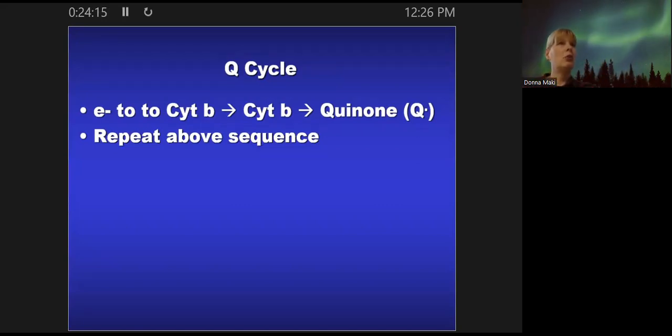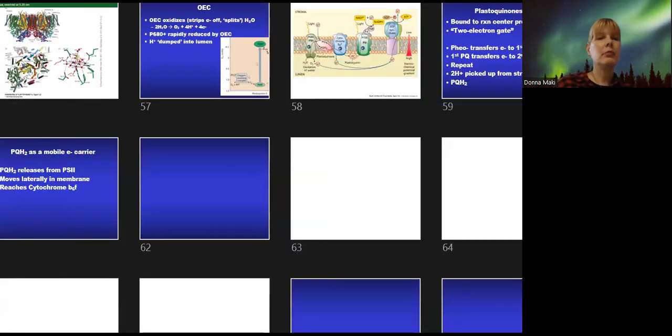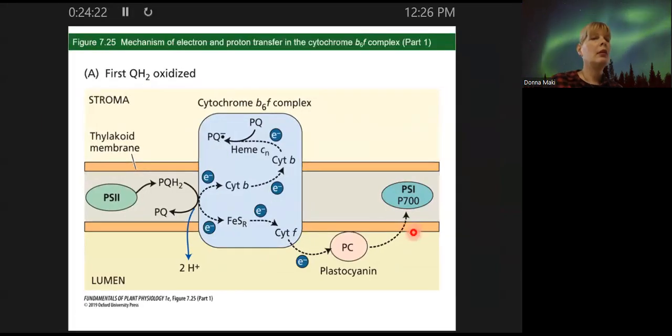All right, so what we have to have happening is another PQH2 moving along and bumping into the same cytochrome B6F. And in order to get another PQH2 to come along, we have to have everything back in photosystem 2 happening again. So you have to imagine, again, light energy striking photosystem 2, that chlorophyll in the reaction center, its electron gets donated to pheophytin, who gives it to plastoquinone 1, who gives it to plastoquinone 2.